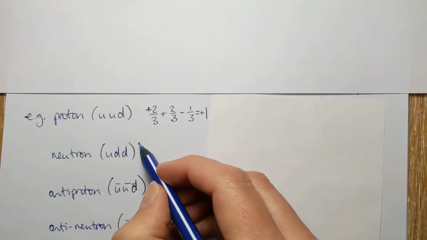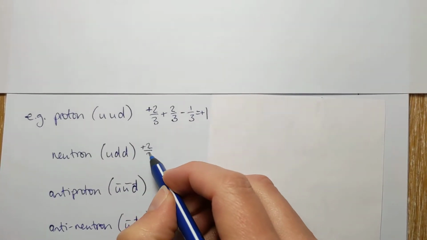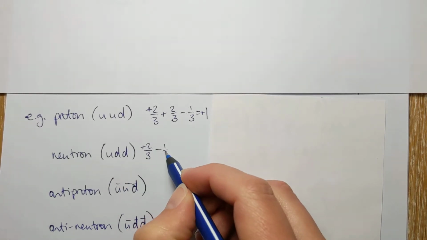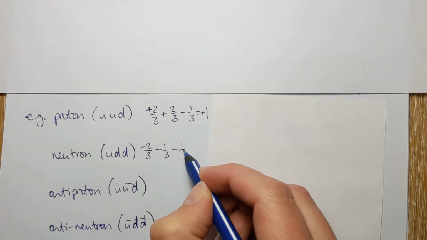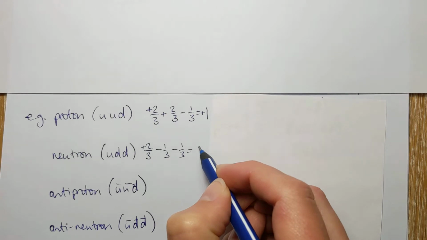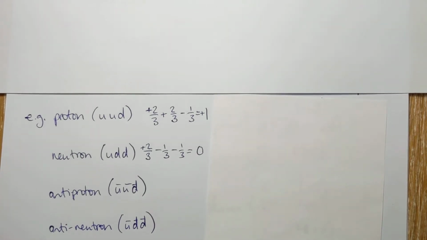And for the neutron you can do the same thing, you've got plus 2/3 for the up, minus a third for the down, minus another third for the down, so overall that's no charge. And so this is how the quark model accounts for the charge of these particles, and you can also do the antiproton and the antineutron.